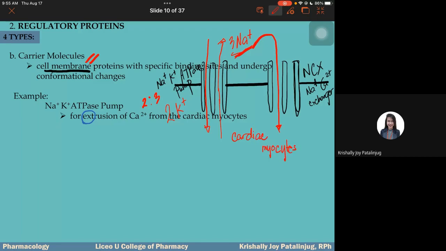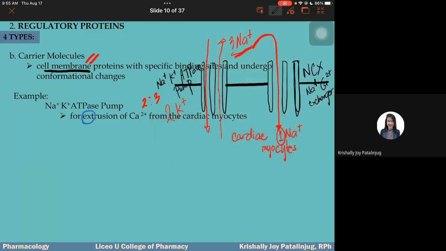By the way, the cell that I am illustrating here, for instance, is the cardiac muscle cell, the cell in the heart. So the extra one sodium ion will go back. Again, that one sodium ion will enter via NCX, via the sodium calcium exchanger.